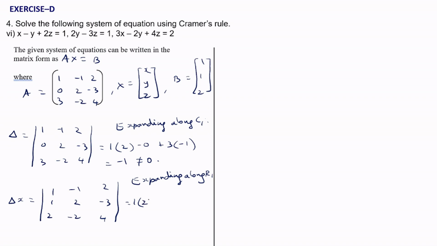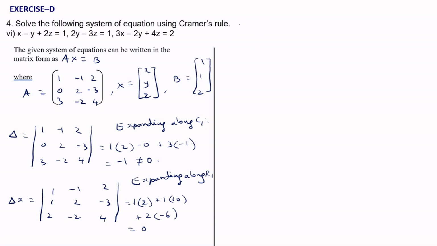It is 1 into 8 minus 6, which is 2, then plus 1 into 4 plus 6, which is 10, then plus 2 into minus 2 minus 4, which is minus 6. So this is 12 minus 12, which is 0.